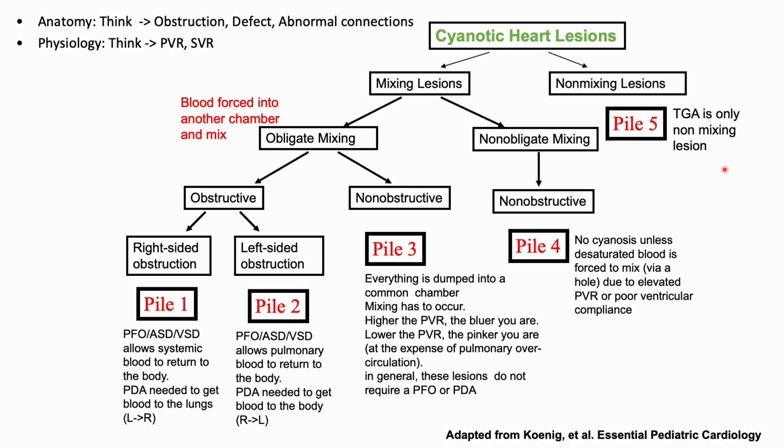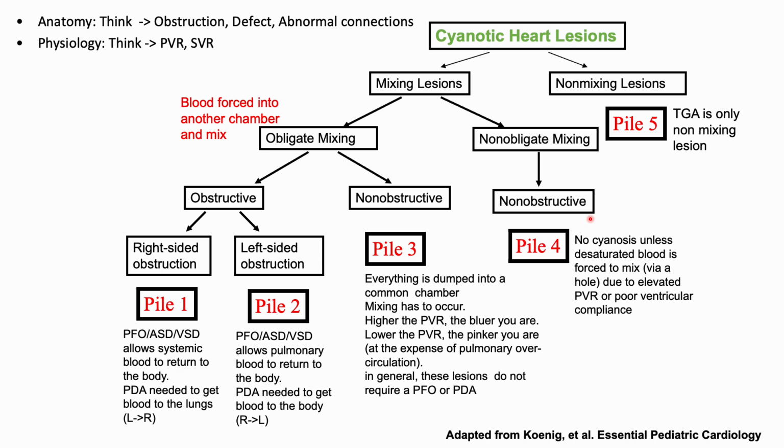It's the lesion with abnormal connections that results in desaturation. Now, if you think about the mixing lesions, you could have obligate mixing, where the blood is forced into another chamber to mix because it has nowhere to go, or non-obligate mixing, which is basically non-obstructive mixing.